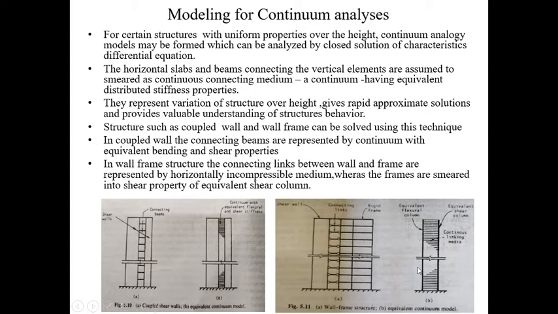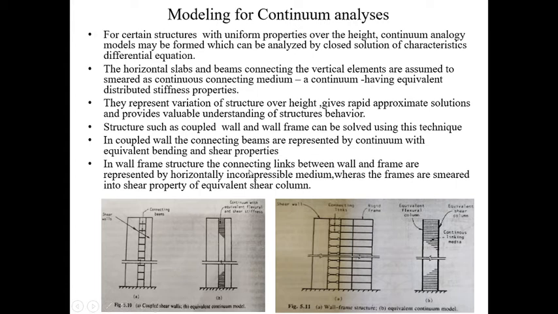This is the equivalent flexural column, here is the equivalent shear column, and in between is the continuous linking medium. This is the continuum model. In a coupled wall, the connecting beams are represented by a continuum with equivalent bending and shear properties.